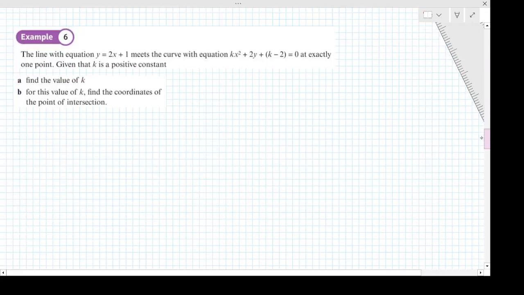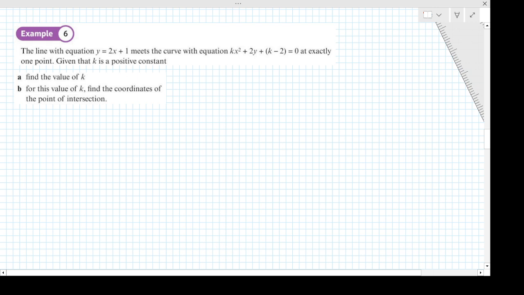Okay, but we can use the idea that graphically, when the graphs cross over, that's when they intersect, that's when the solution occurs. We can end up solving more complicated questions as well, like this one.